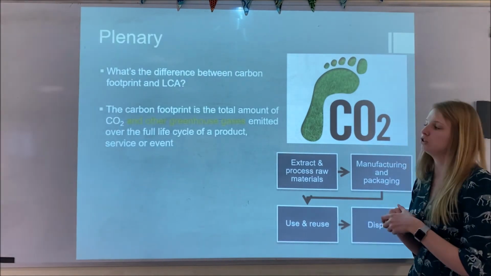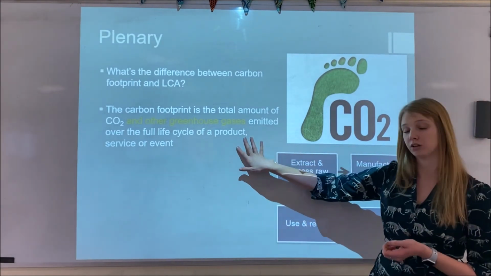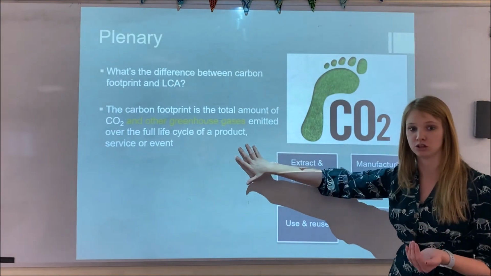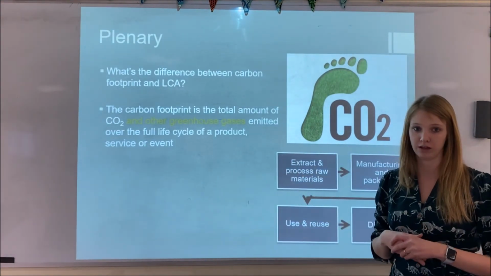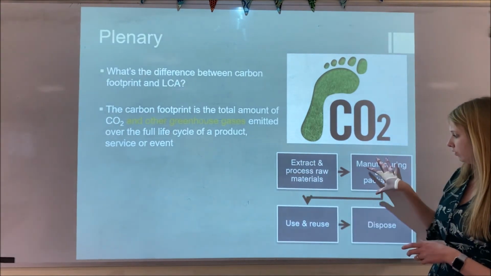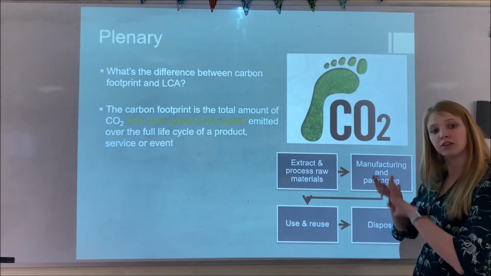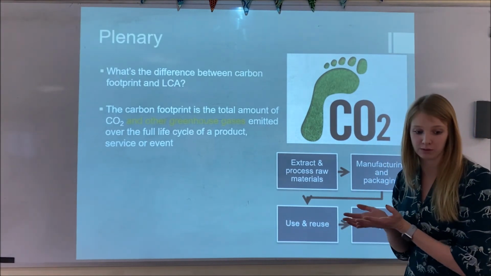But we should be able to use a life cycle assessment to help us come up with the carbon footprint of a product, as it's the total amount of CO2 and other greenhouse gases emitted over the full life cycle of that product. So each one of these stages has its own carbon footprint, and then we can put that all together to get the whole carbon footprint for that product.